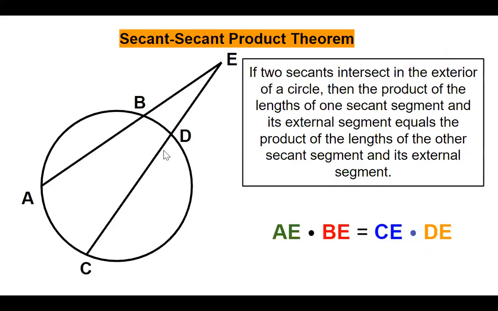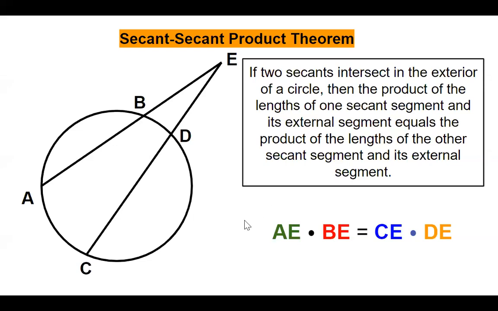The secant-secant product theorem states that if two secants intersect in the exterior of a circle, so meaning outside, right here in point E, then the product of the lengths of one secant segment, this one, and its external segment, this part, is equal to the product of the lengths of the other secant segment and its external segment.